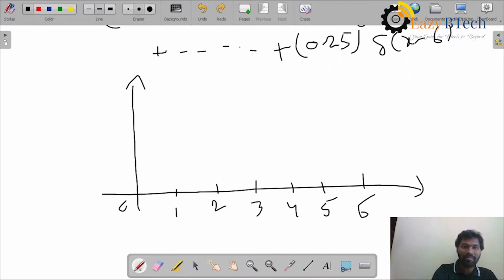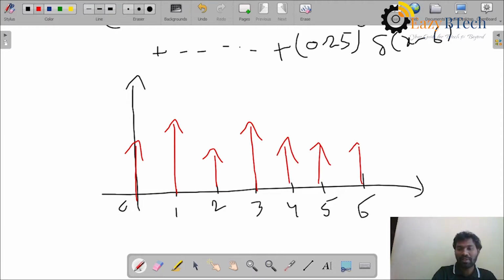It is in step form, that is 1, 2, 3, 4, 5, 6, 7. These values are different, and they can be found from the above expression.